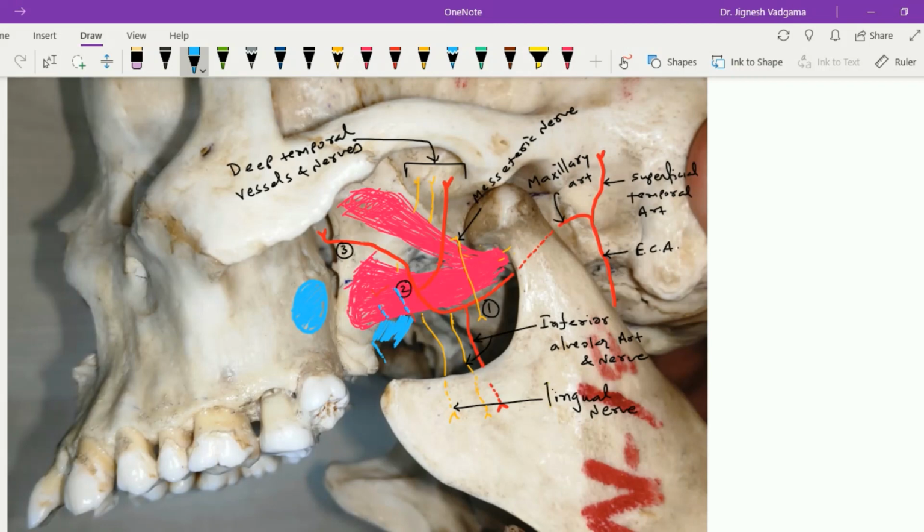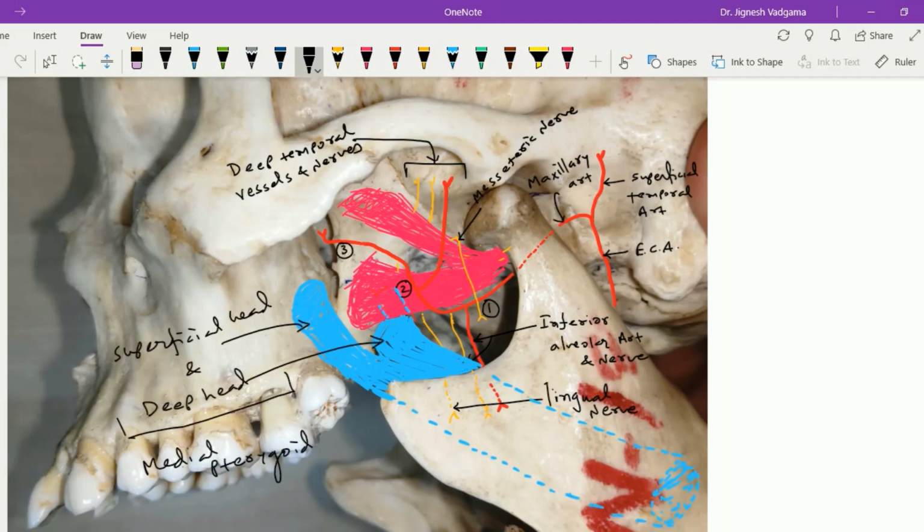From here this larger head passes below the lower border of the lateral pterygoid muscle, and both heads converge with each other and pass medial to the ramus of the mandible. It passes downward, backward and laterally, and reaches the medial surface of the angle of the mandible.